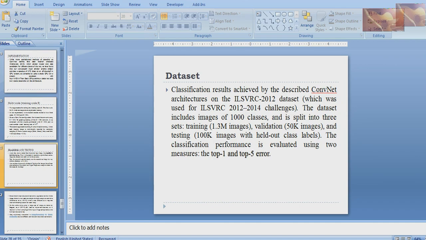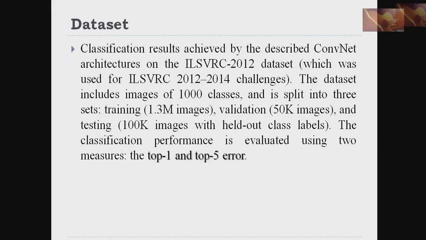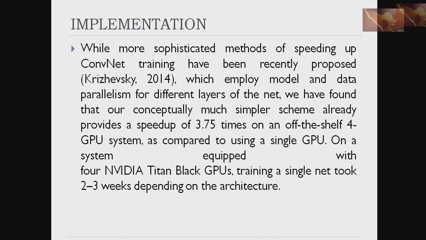Okay, I had already done this. So, dataset classification results were achieved on the described dataset: the same 1000 classes split into three sets, training 1.3 million images, previous was 1.2 million, with top 1 and top 5 error.